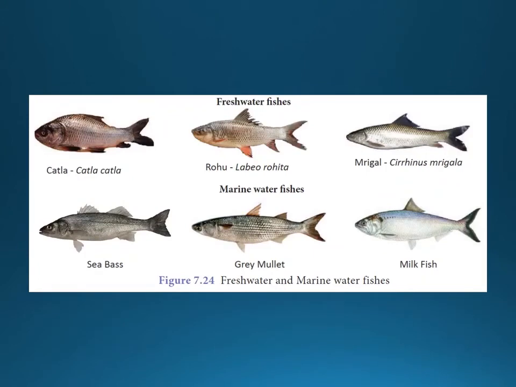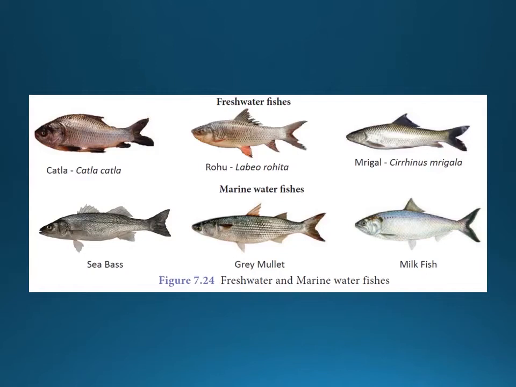These are freshwater fish: catla, with its binomial name. Catla, rohu, Labeo rohita, mrigal, Cirrhinus mrigala.